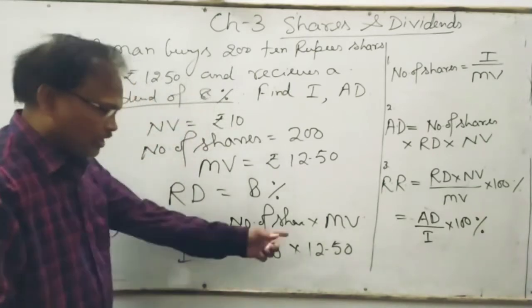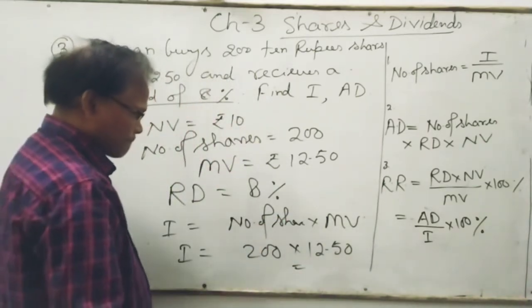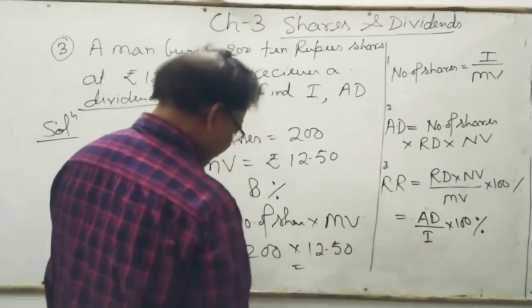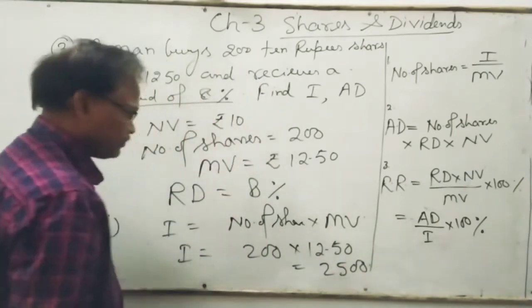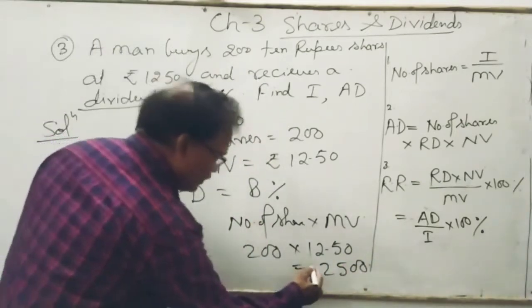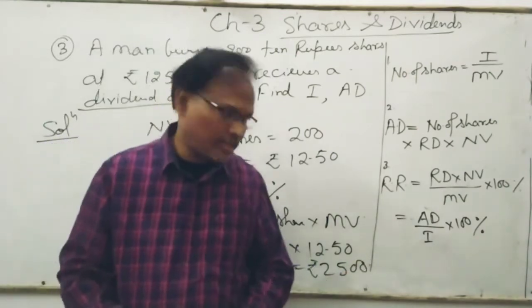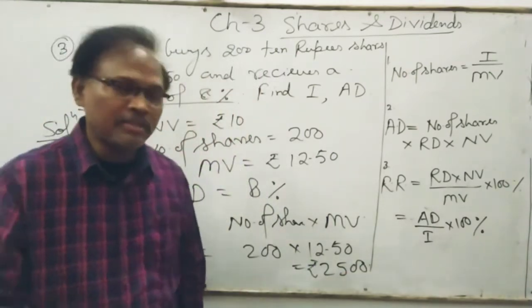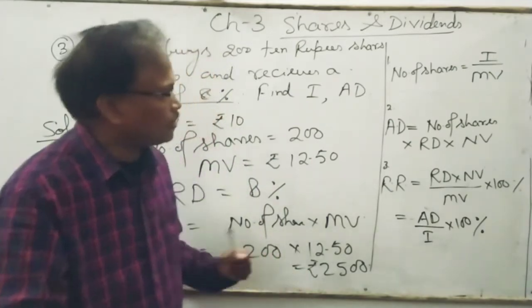And when you multiply this, you will get 2500. 2500 is the investment, means rupees 2500 is the investment for buying the 200 shares. This is the first part.